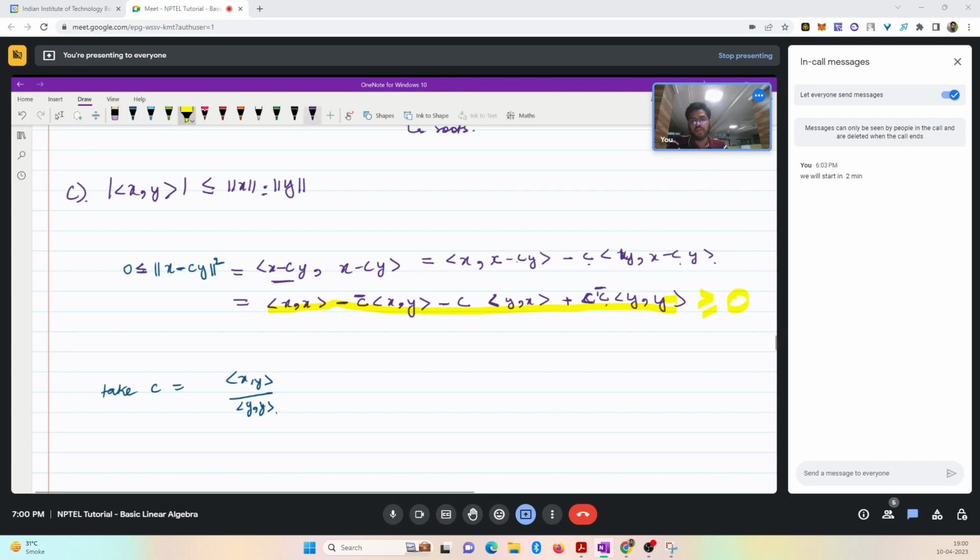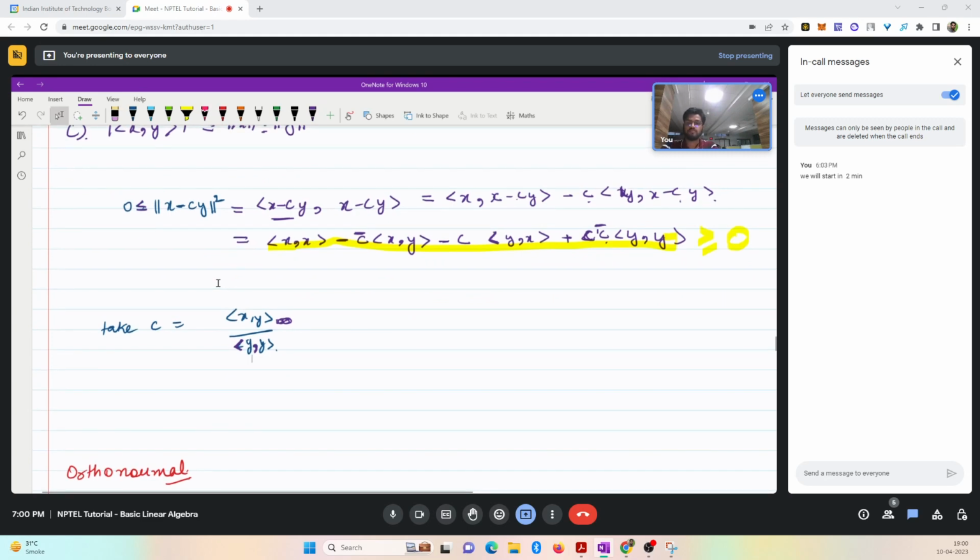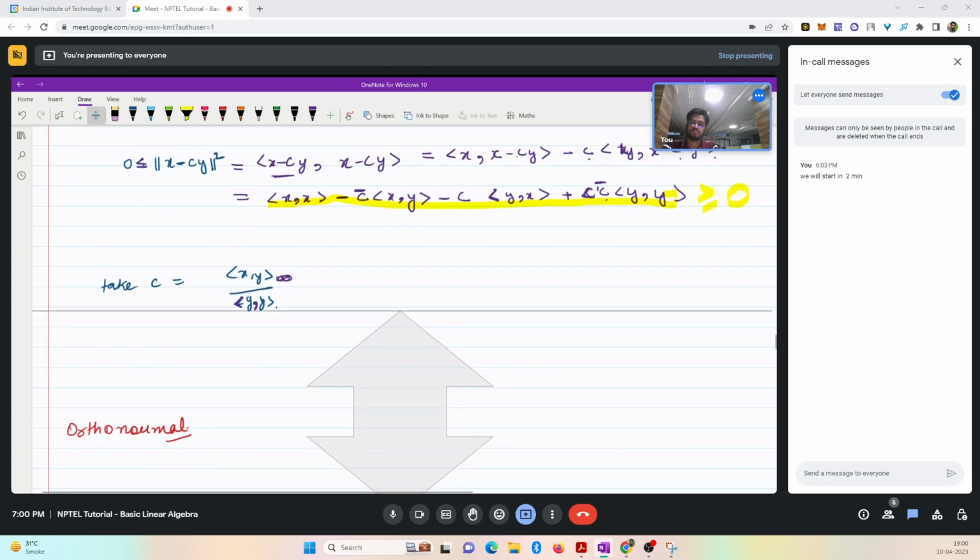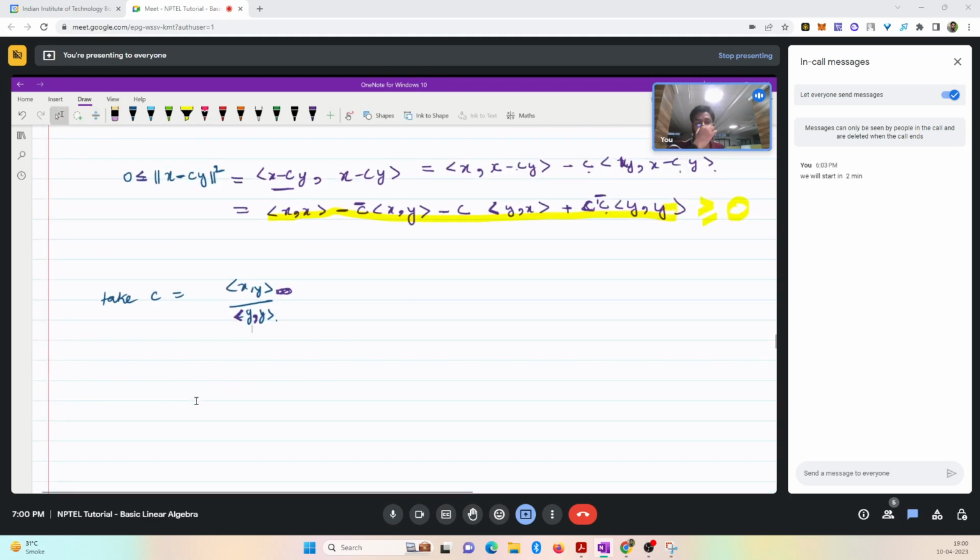Now if we take our c to be the inner product <x, y> divided by <y, y>, we want to see what we get. If you intuitively look at it, what it is, I'll come to the intuition later on. We just now need to replace this thing over here.